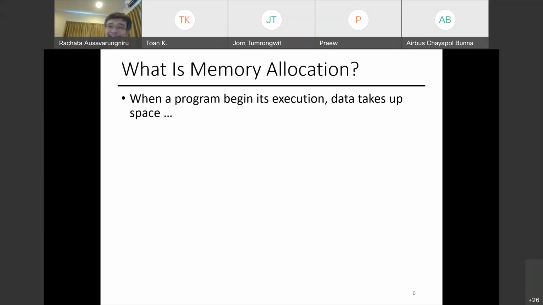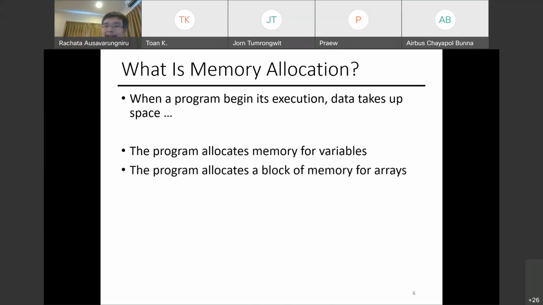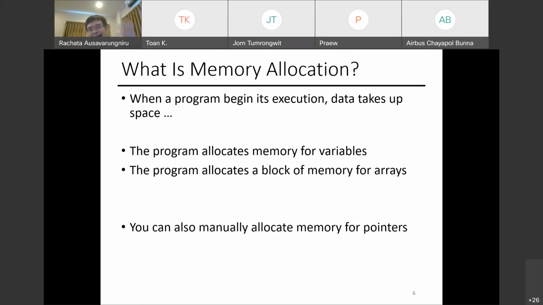So when the program begins execution, the data actually takes up space in the memory. The program would allocate the memory for all the variables. What it does is basically ask the OS for a block of memory for all the arrays. You can also manually allocate memory for pointers. Arrays are handled when you run a program.